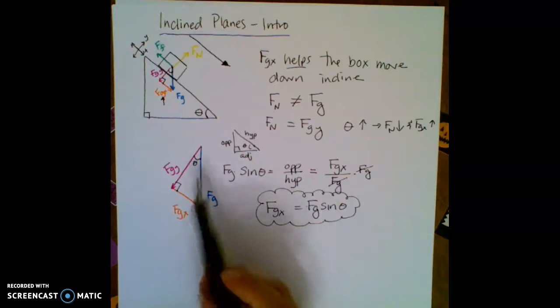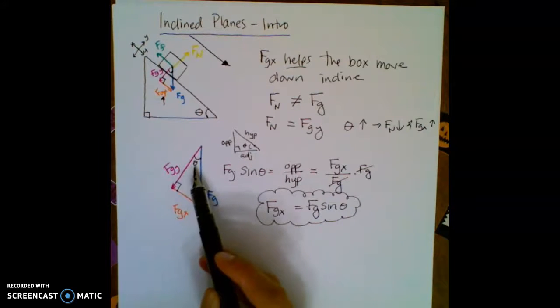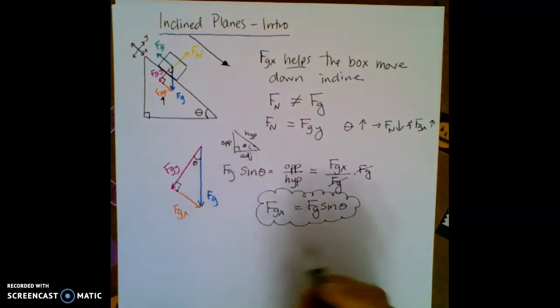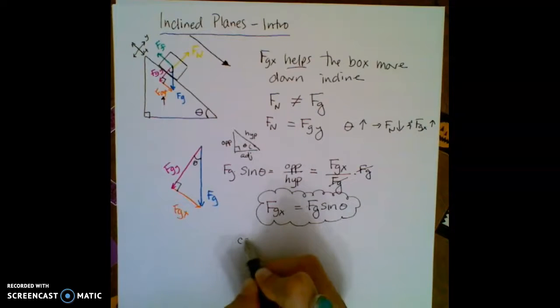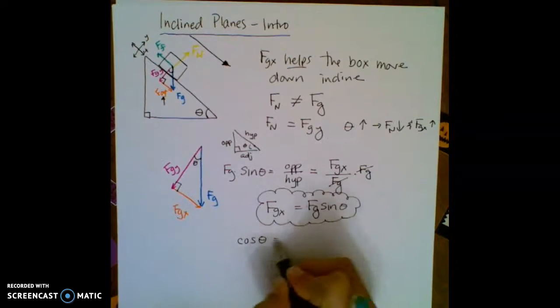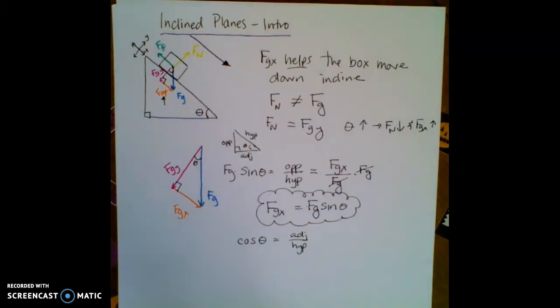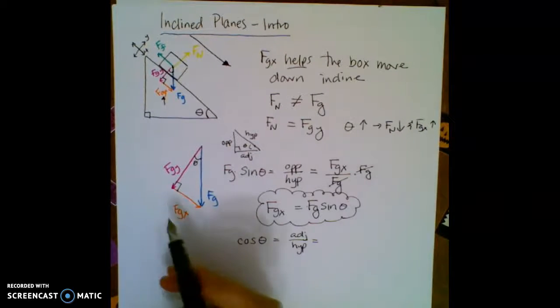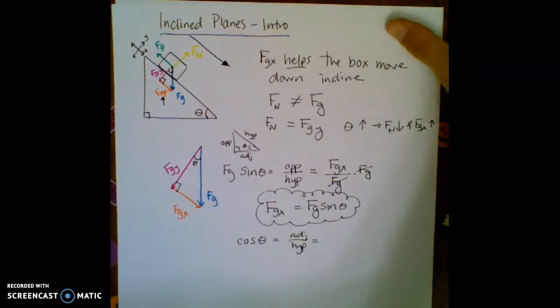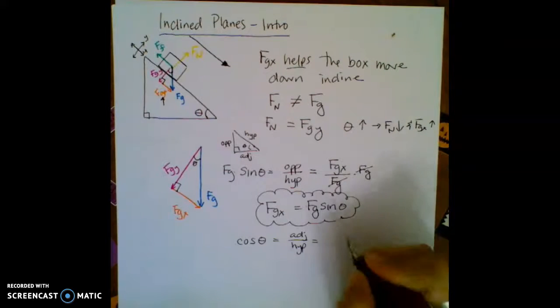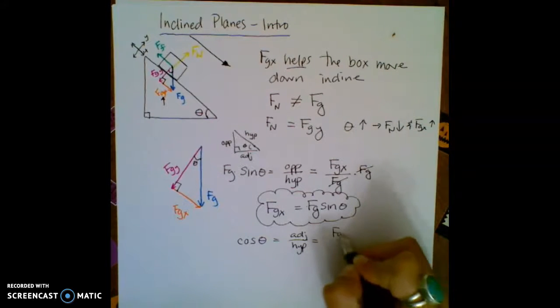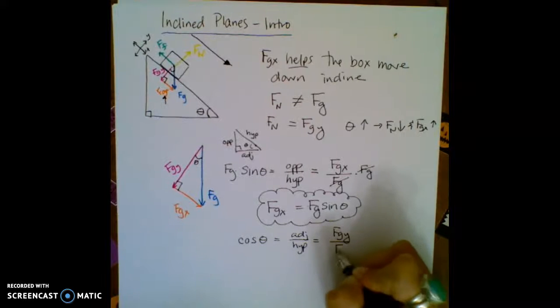So if I look at where that side is related to the angle, it's adjacent. So that's going to be cosine, because the cosine of theta is equal to the adjacent side over the hypotenuse in math. And now if I replace those math sides with my physics labels, I have Fgy over Fg.